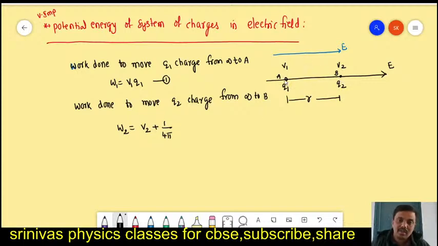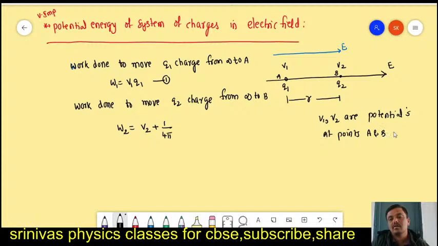Q1 we already brought. That's why potential due to Q1 will be there at the point of Q2, and due to the electric field also potential is there. V1, V2 are the potentials at points A and B due to the electric field.